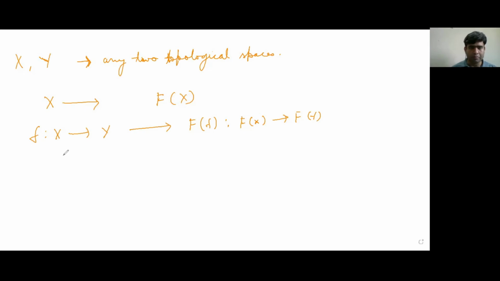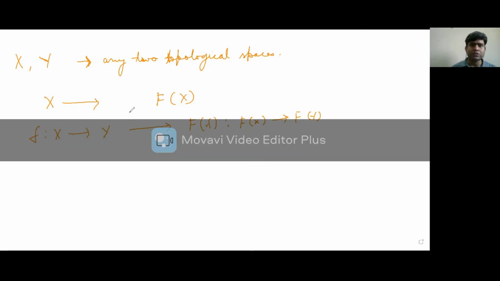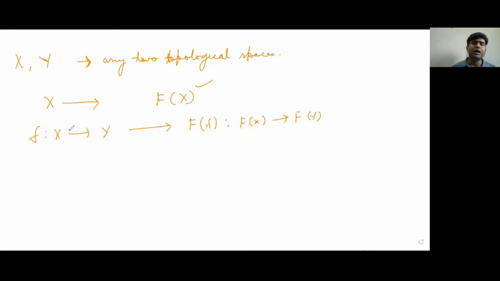This association is in such a way that if X and Y are equivalent, then F(X) and F(Y) will be equivalent.